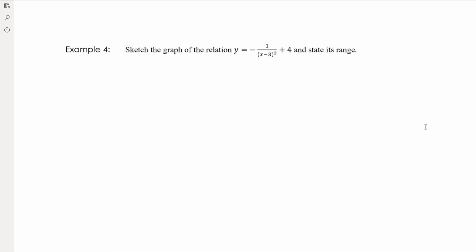Okay, so this is a truncus. Okay, squared on the denominator, fraction with the x in the denominator, and the denominator squared. So it's a truncus. The negative out the front is reflecting in the x-axis. Okay, so that means we're going to get an elephant trunk truncus rather than a tree trunk truncus.